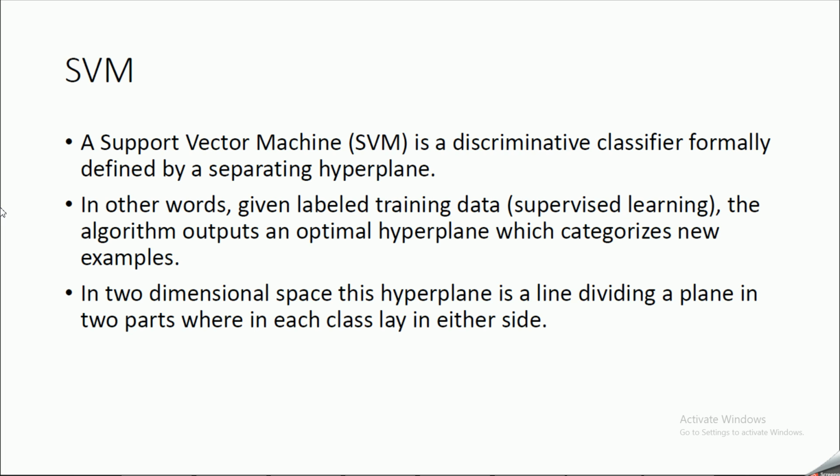In two-dimensional space, this hyperplane is a line dividing a plane in two parts, with the two classes lying on either side, and an optimal hyperplane separates both the classes.